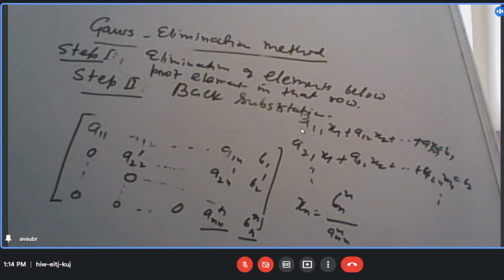And then the second thing we have to do is back substitution, and this is exactly what we did in this particular problem in order to solve it. I hope you understood this method.